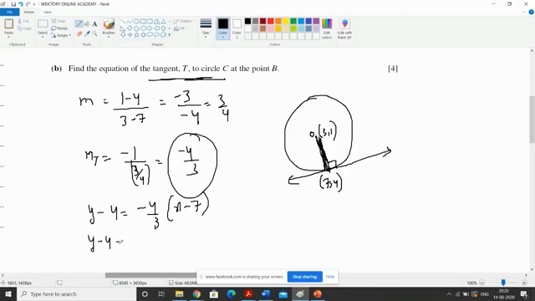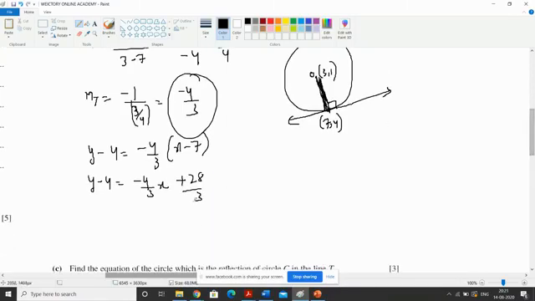So y minus 4 equals -4 over 3 x plus 28 over 3, and then y is equal to -4 over 3 x plus 28 over 3 plus 4. Simplify it and you will get the answer.